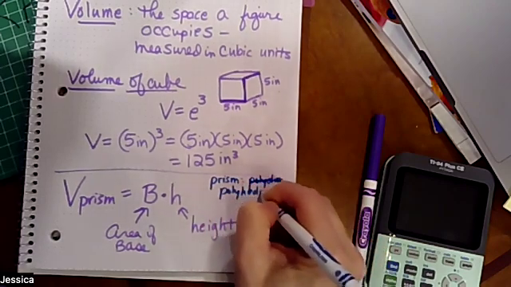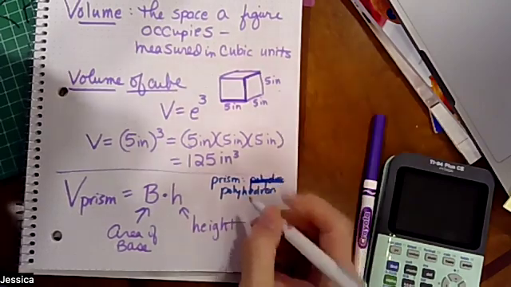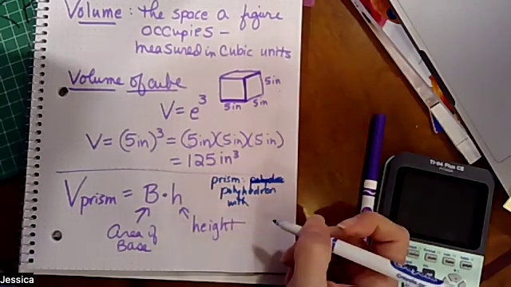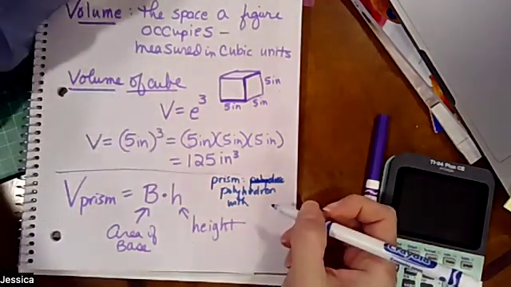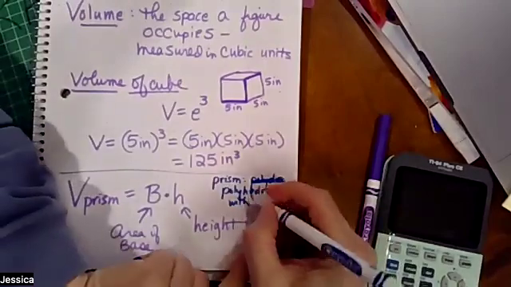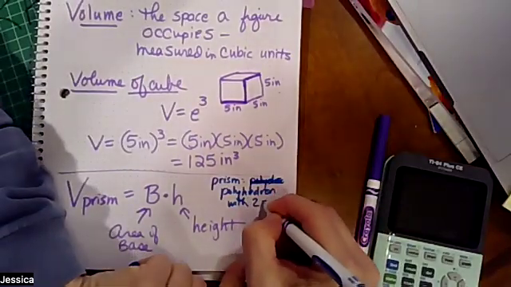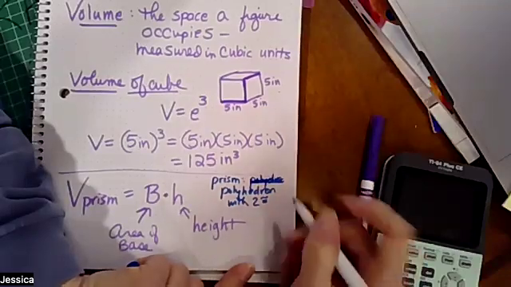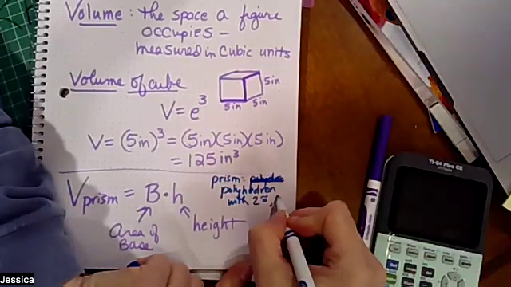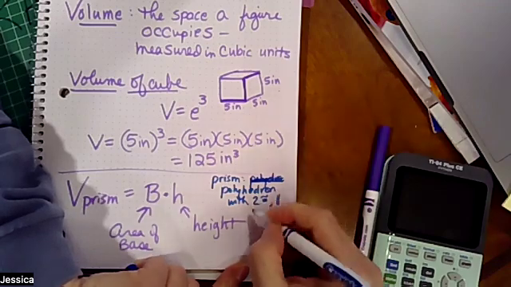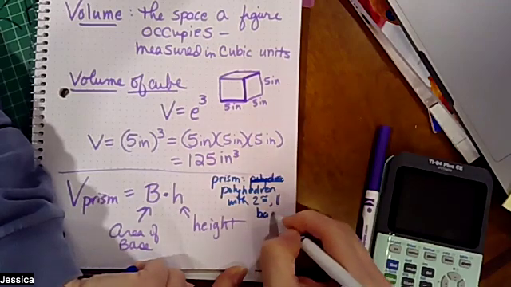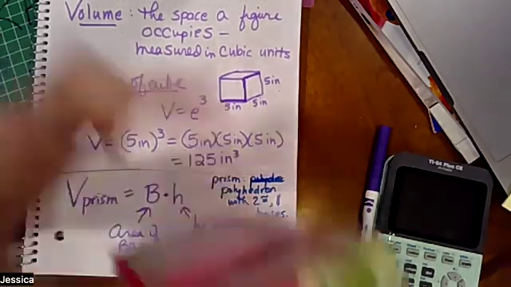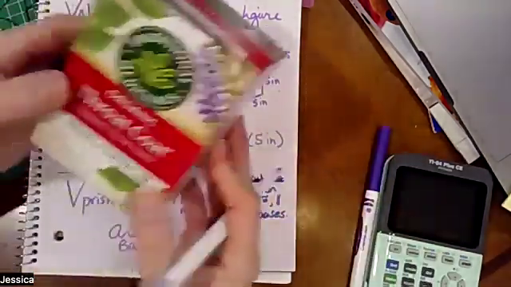A polyhedron with, here you can use some shorthand if you want to, 2 congruent, remember the equal sign with the little squiggly mark above it, 2 congruent parallel bases, okay? So this is an example of a prism.